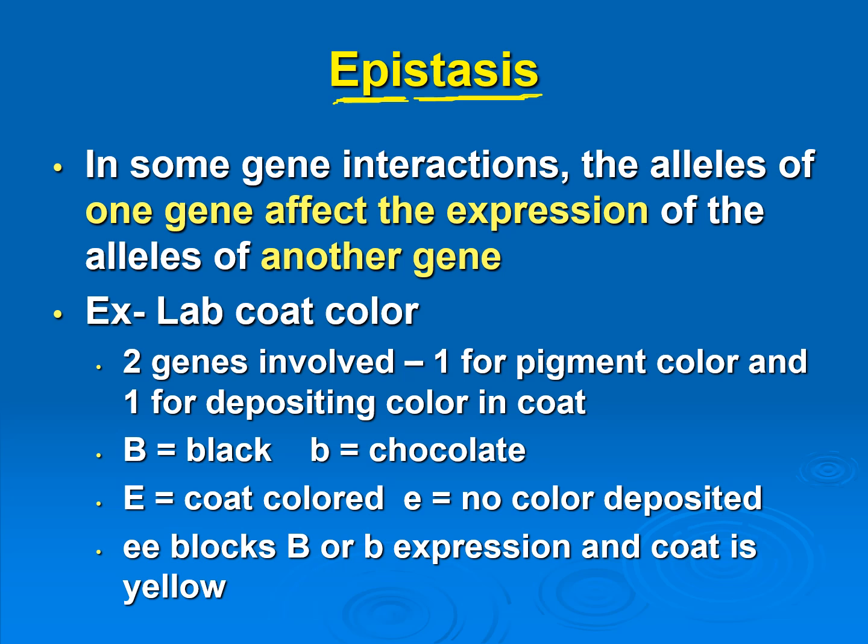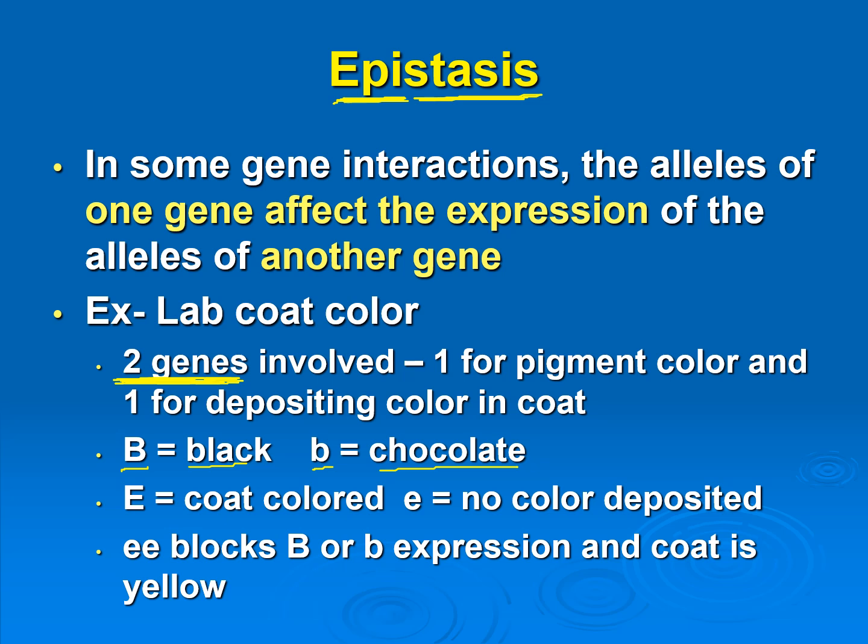So we've got 2 genes here that will affect the coat color of the labs. Okay, so in our labs we have black labs, we have chocolate labs, and we have yellow labs. Okay, so one gene is going to determine whether the lab will be black or chocolate. So black will be dominant over the chocolate color.